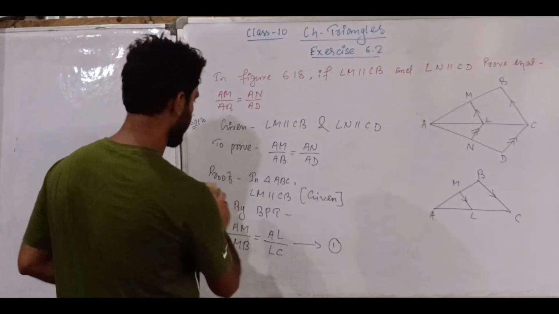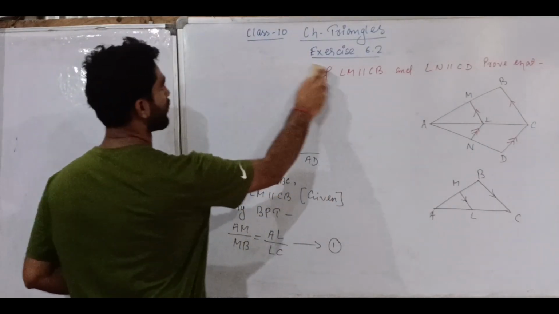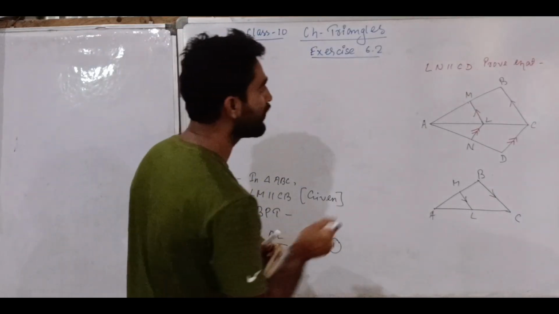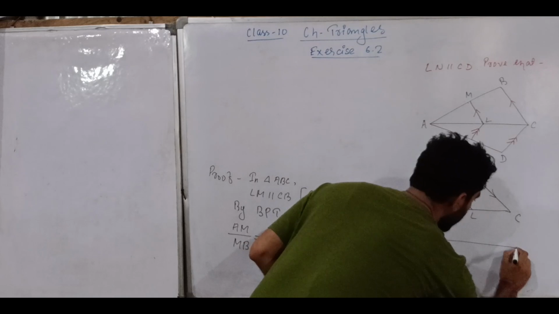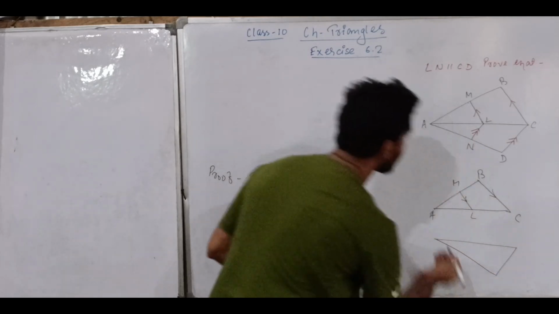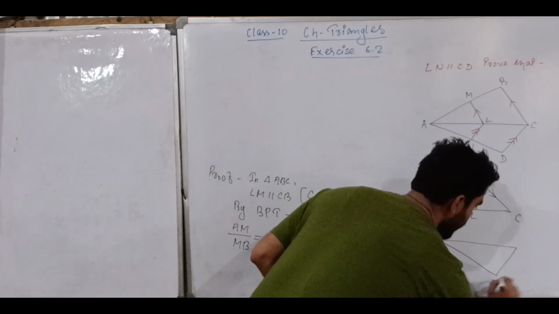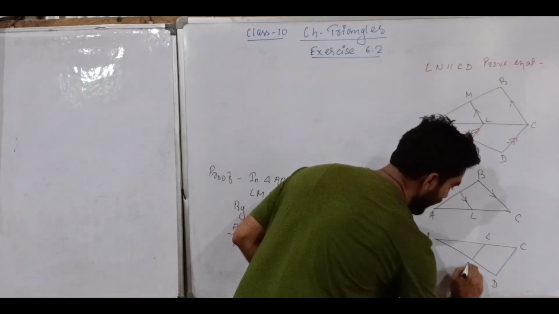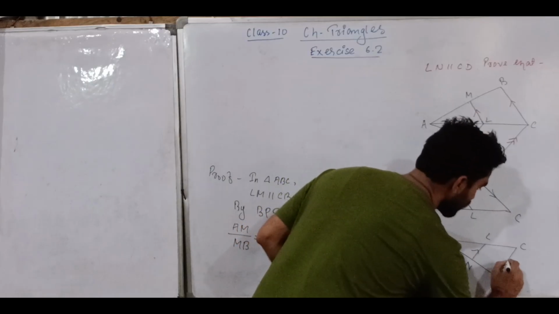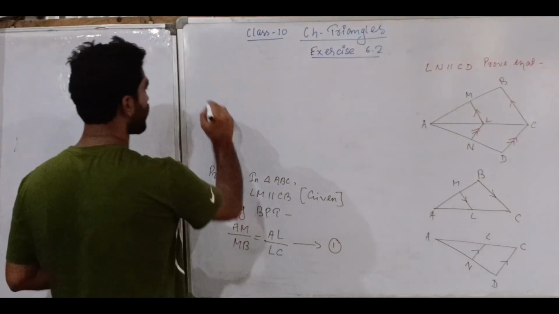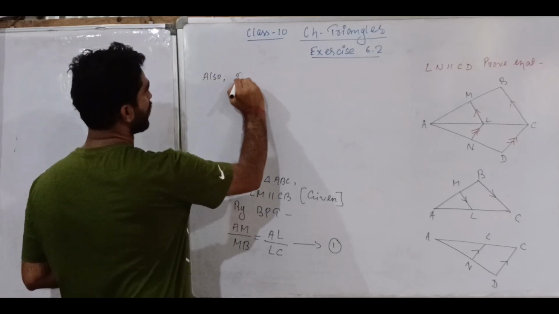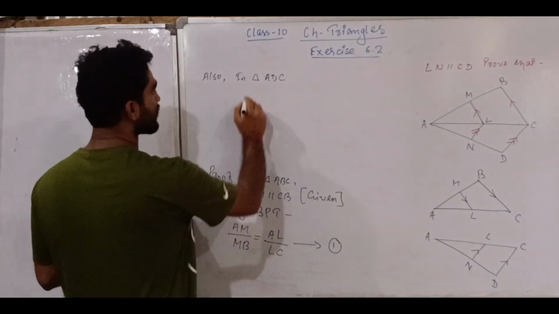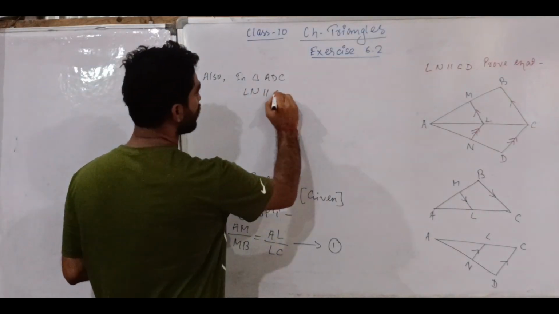Similarly, we have another triangle, that is the triangle ADC. In this triangle, this LN is parallel to CD. You can also write, in triangle ADC, LN parallel to CD.